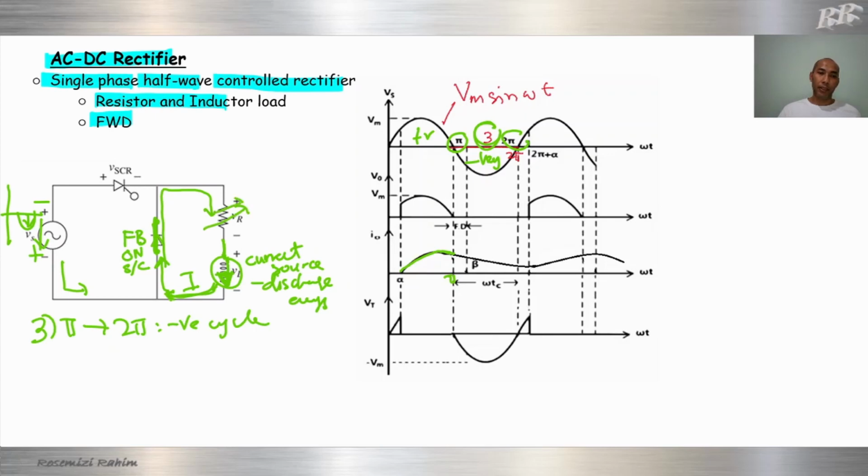At this time, due to Vs being negative, less than 0, I get this equal to 0. So that means the SCR is off, open circuit.